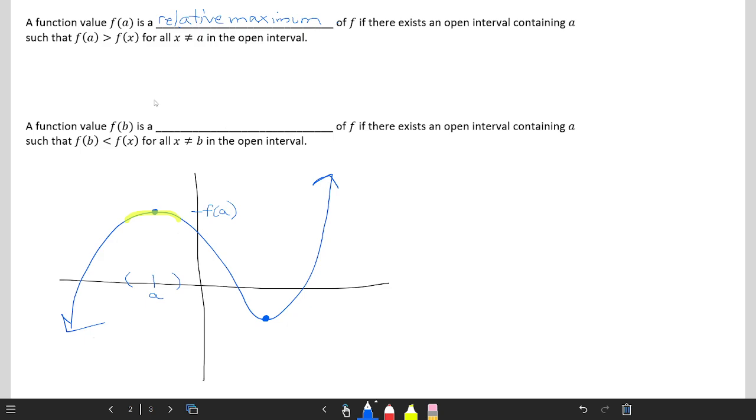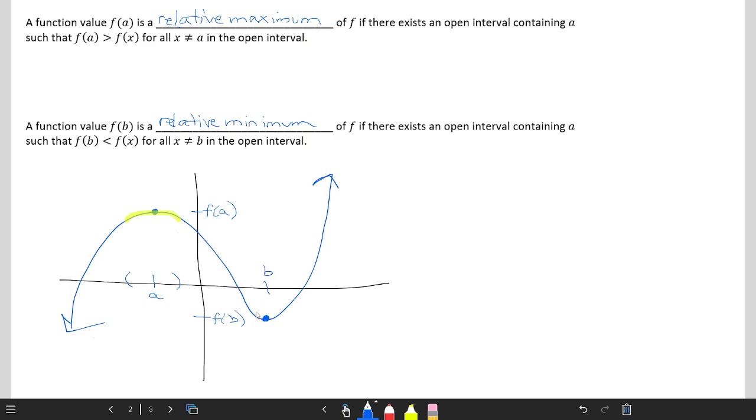Then we've got a similar definition here for relative minimum. So a function value is a relative minimum if it's the lowest function value in that general vicinity. So similarly here we've got our y value, f of b.